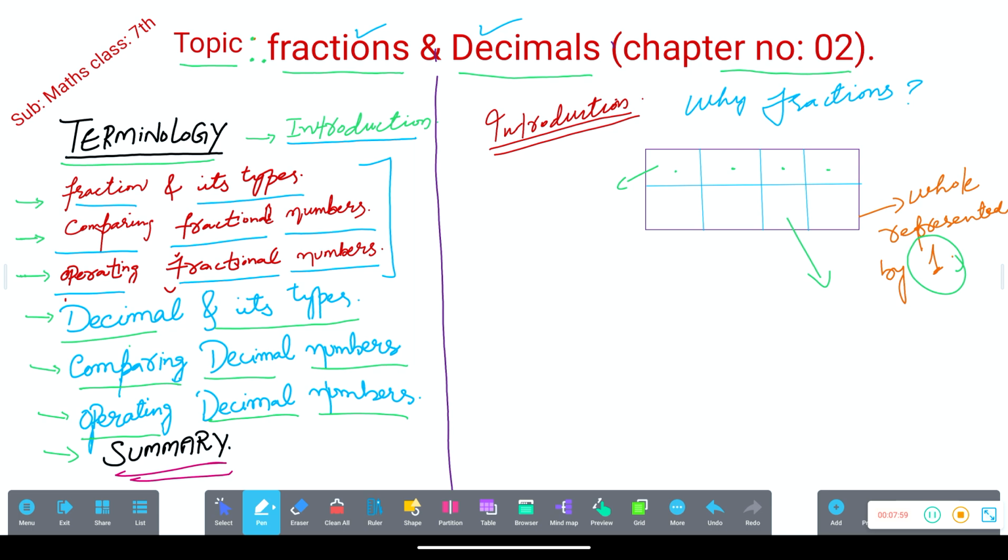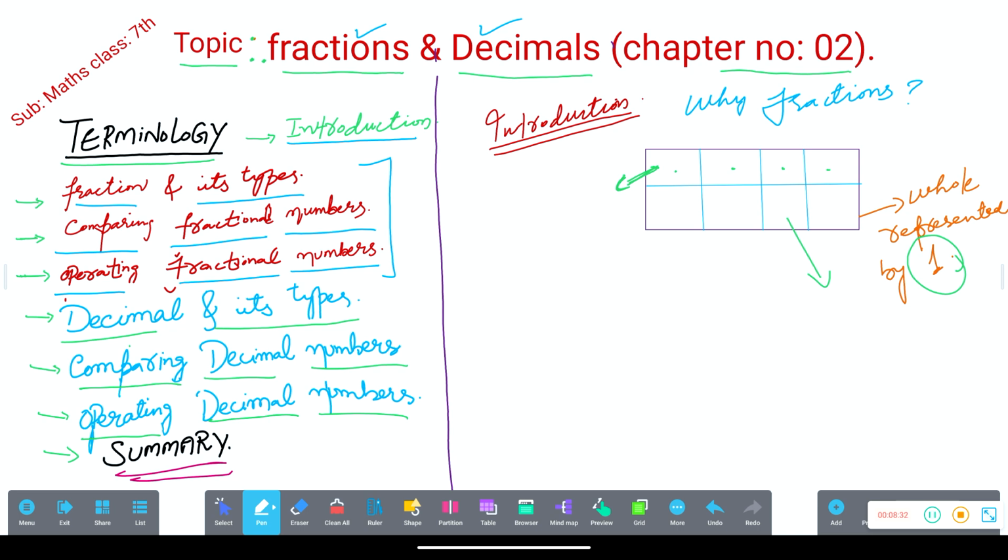This is the question that was put in the minds of mathematicians, and this concept, how to represent the part of something, how to represent the broken piece of something, how to represent it as mathematical numbers, gives us the concept of fraction.